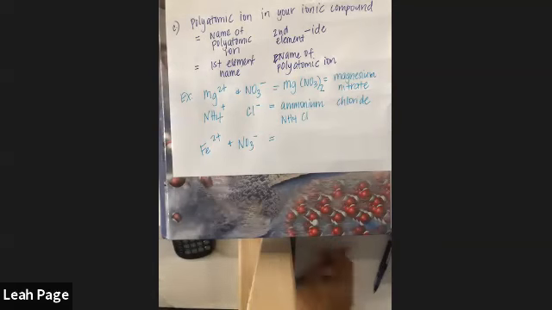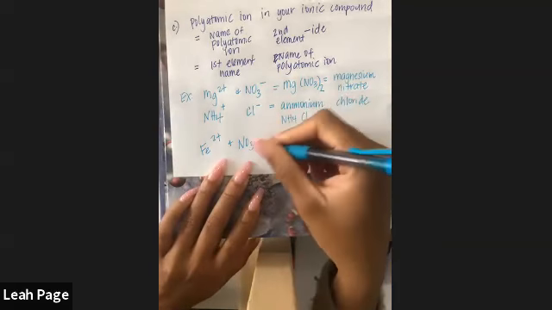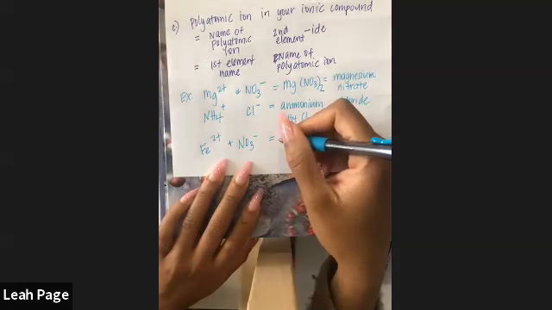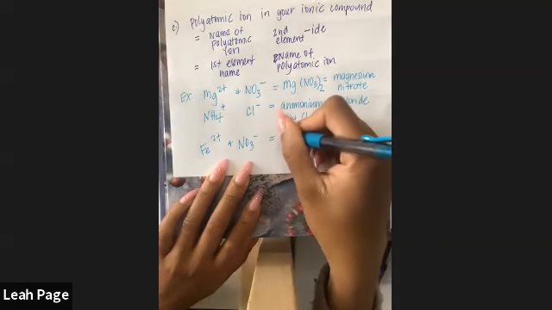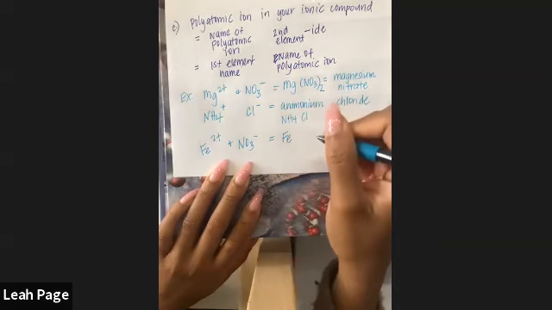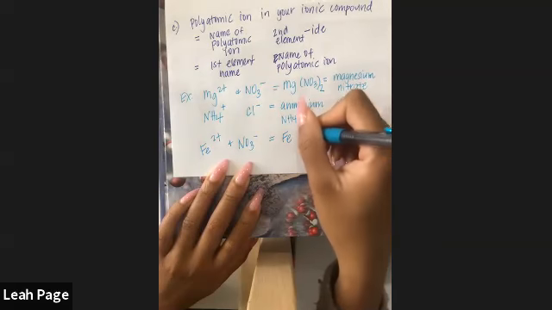All right, what do you guys think the formula is for this compound? Fe, inside the bracket NO3, and outside there is 2.